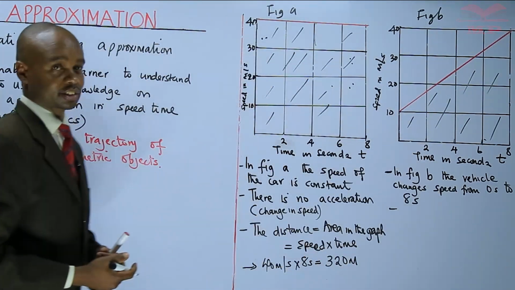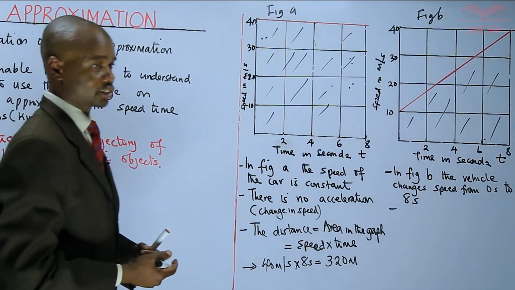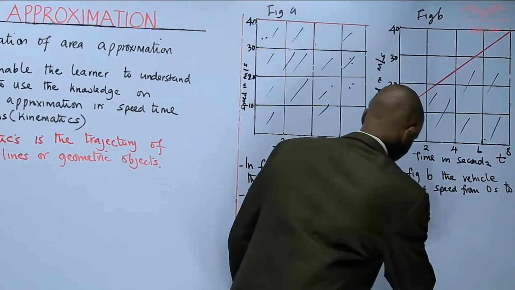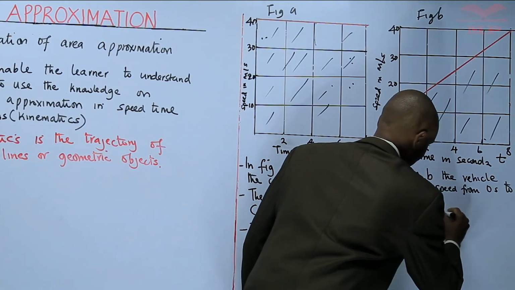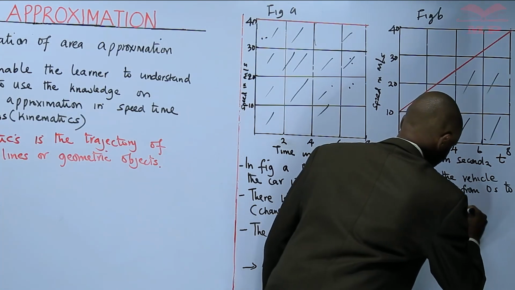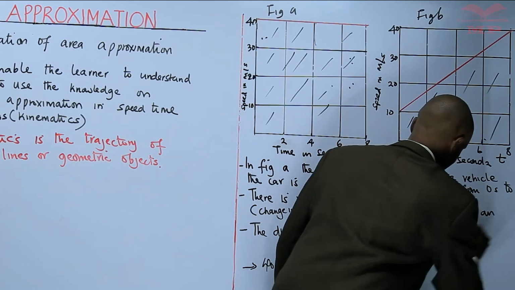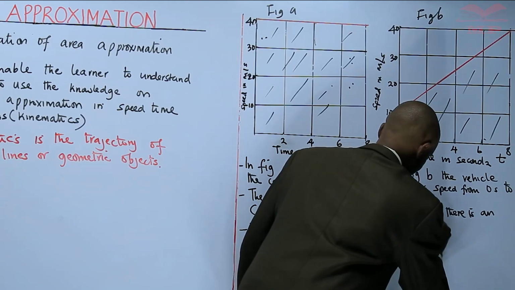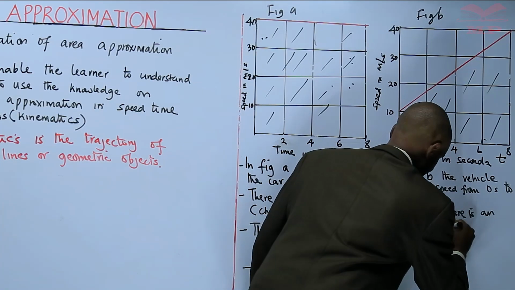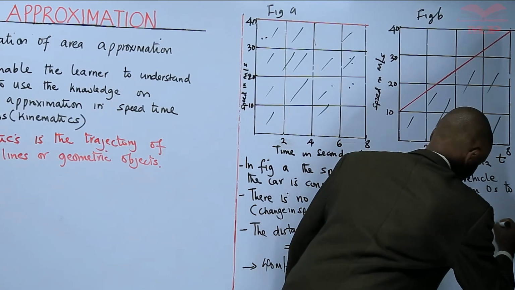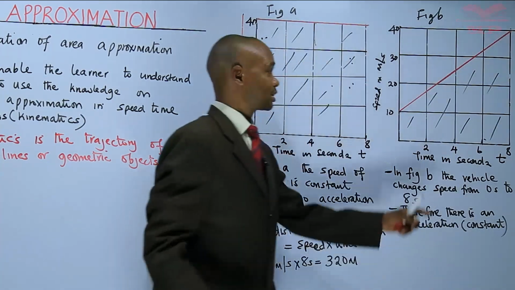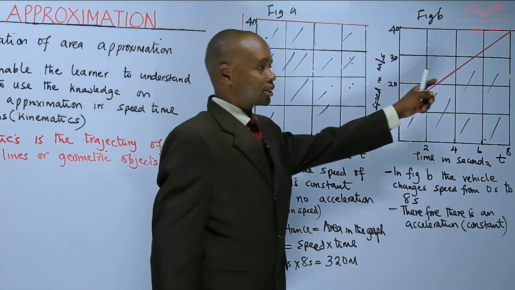When there is a change in speed, we say there is an acceleration. Therefore, there is an acceleration, constant. It is constant acceleration because of the straight line.